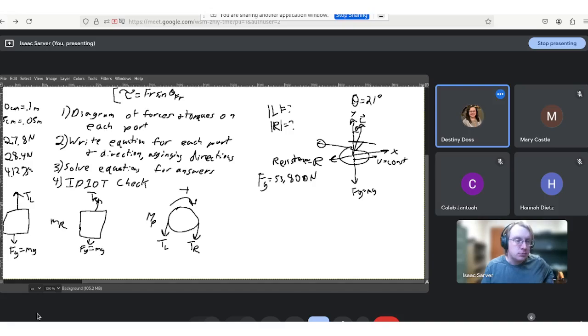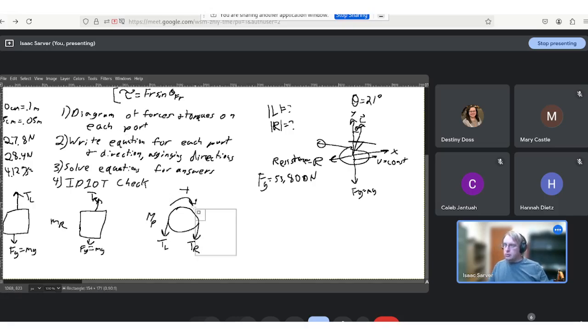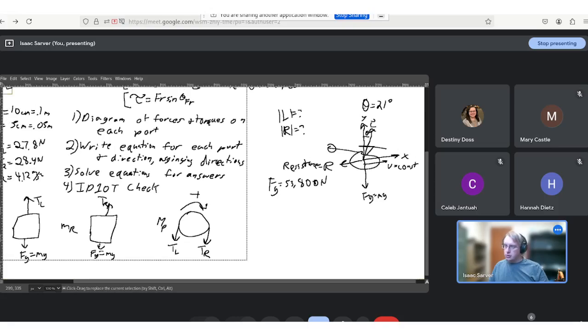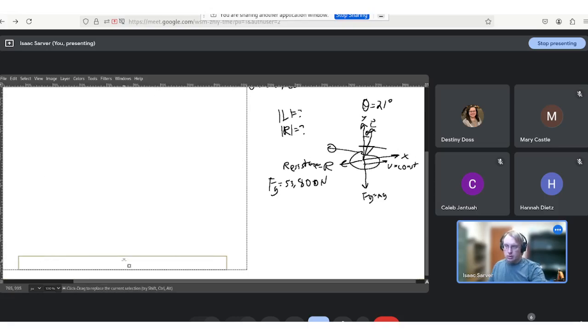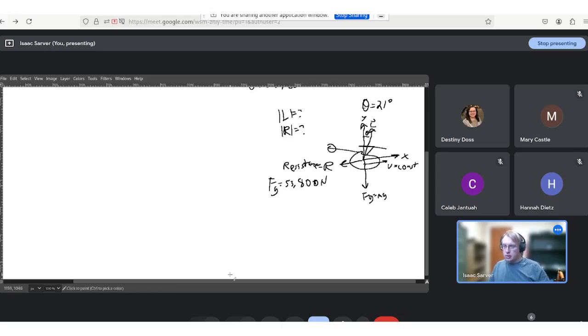Let me clear off some of these other things over here. We don't need them. These guys here, we can go. Alright, so what am I doing here? I got a box to represent our helicopter, right? So what forces are acting on it?